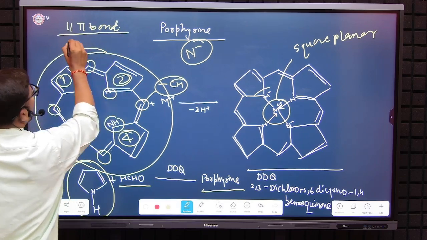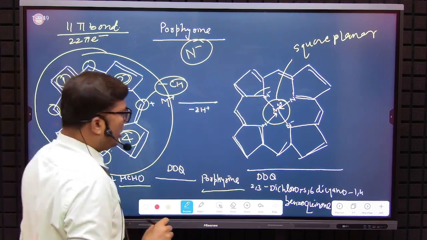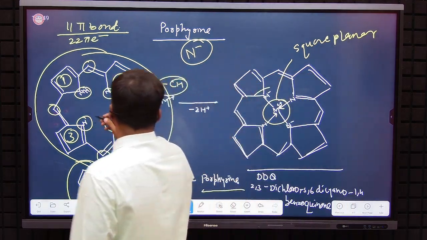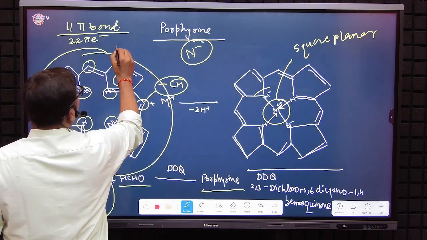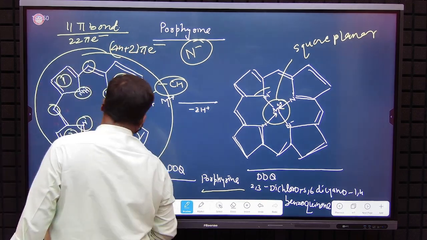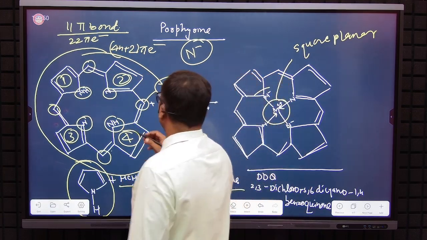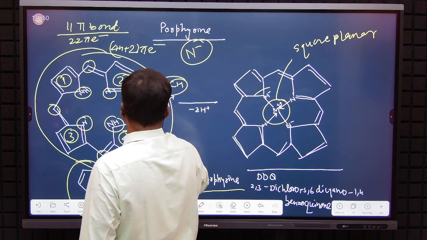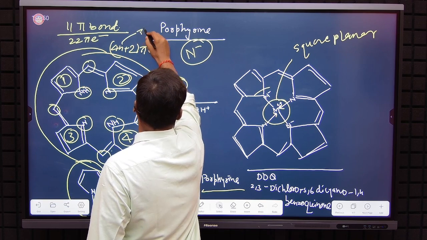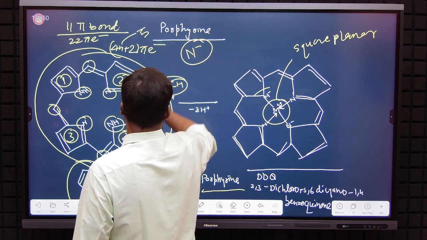It means 22 pi electrons. Either aromatic or non-aromatic, it must follow Huckel's rule, that is 4n plus 2 pi electrons, where n is the number of rings present. But here that is 22 pi electrons, it means n is 5, and 4 fives are 20 plus 2, 22.